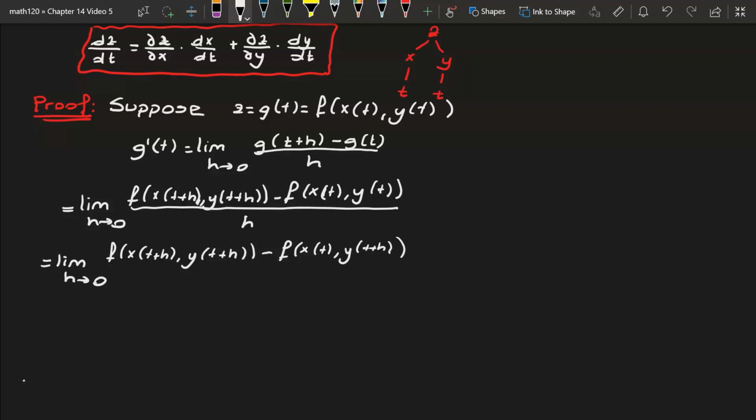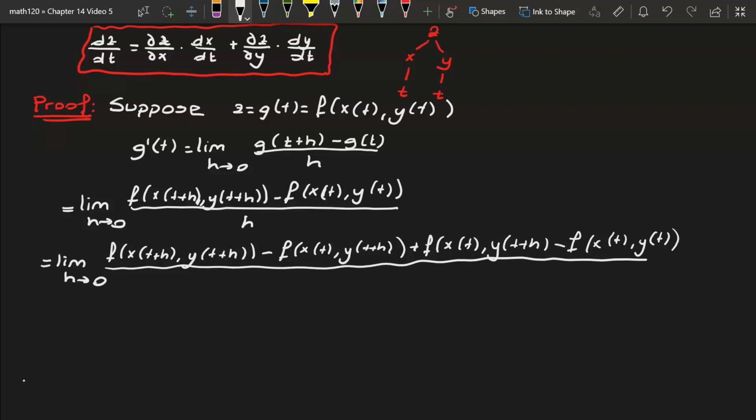We don't have such an expression. I'm not changing anything, so I will add it back: f of x of t, y of t plus h, minus f of x of t, y of t, over h.